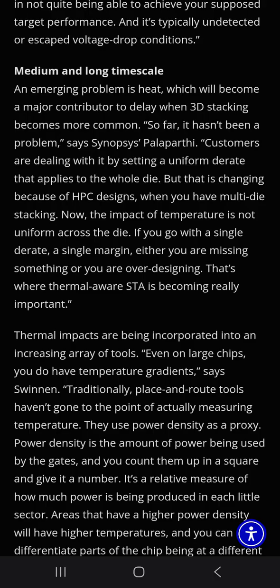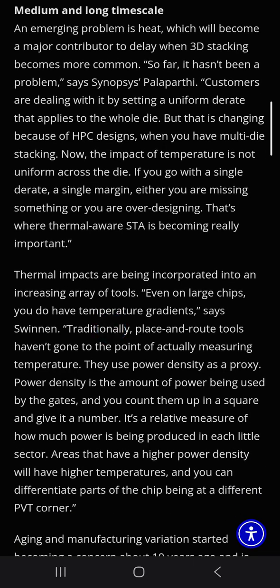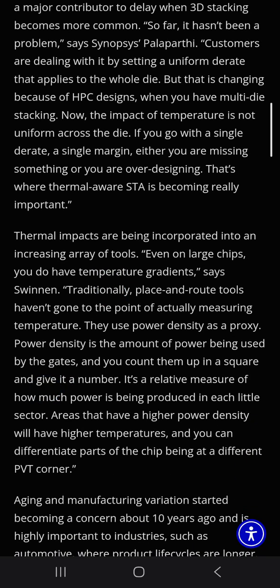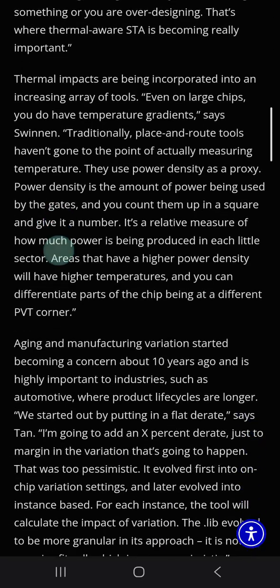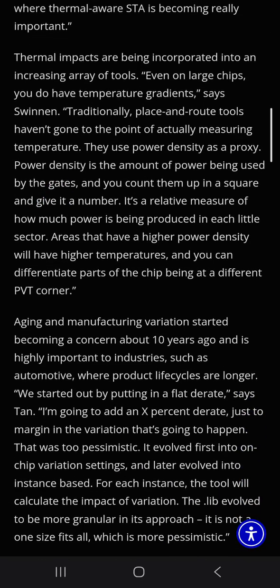Power density is the amount of activity being used by the gates, and you count them up in a tile to give a number. It's a relative measure of how much power is being used or produced in each little sector. Areas that have a higher power density have a higher temperature, and you can differentiate the parts of the chip being at a different PVT corner.